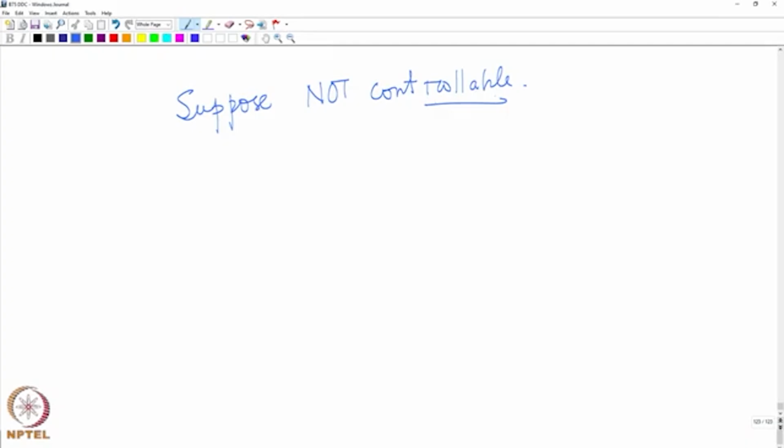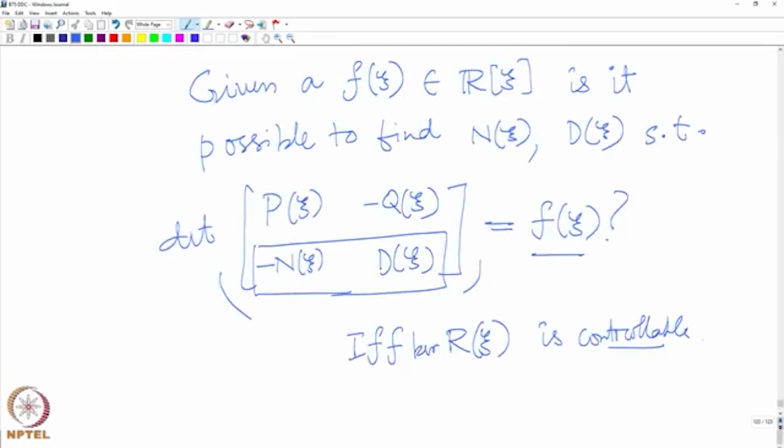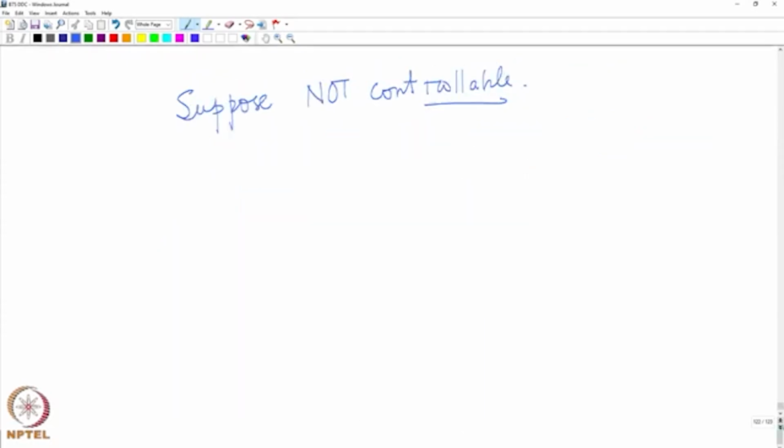Restating this statement, what we are saying is pole placement possible if and only if controllable. What we are showing now is this direction: pole placement implies controllability. It is possible to do arbitrary pole placement implies controllability.